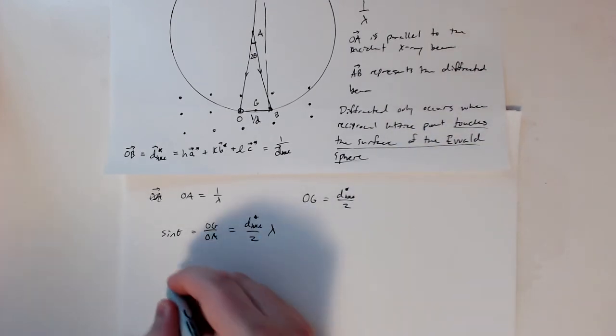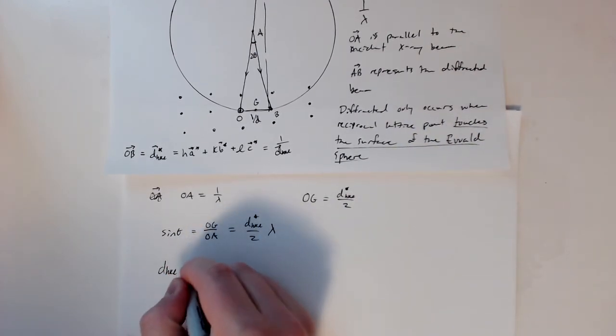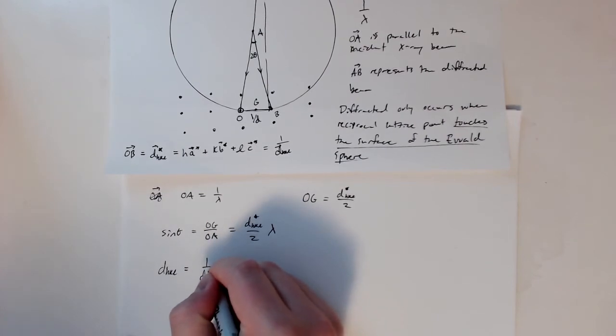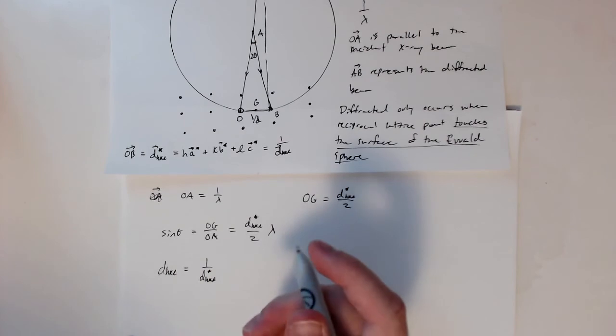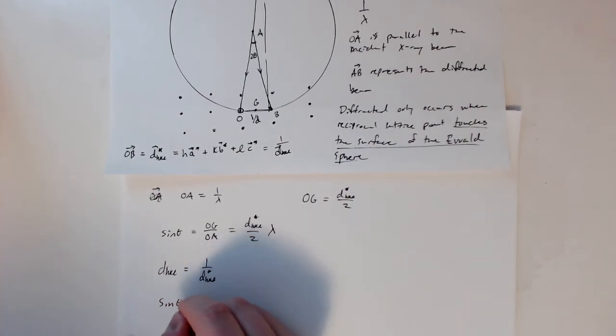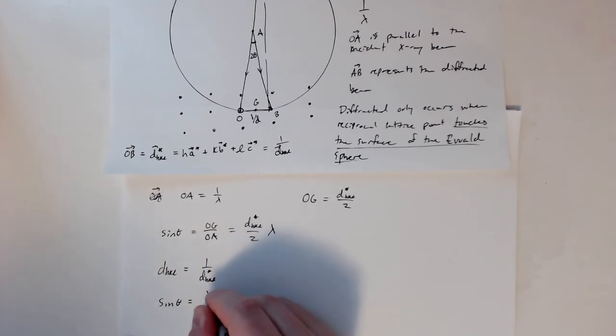And also, we know that d_HKL is equal to 1 over d_HKL star. So from there, we get that sine theta is equal to lambda over 2 d_HKL.